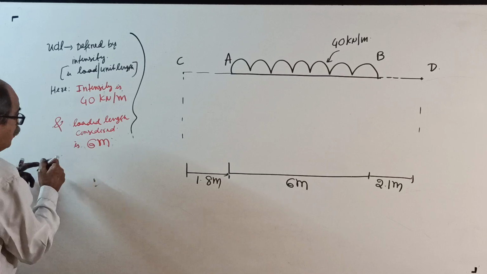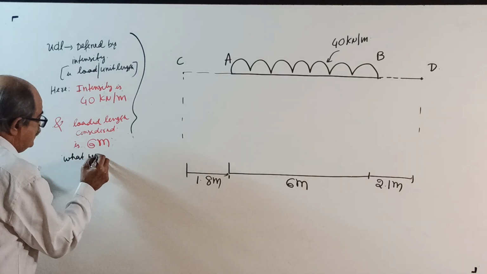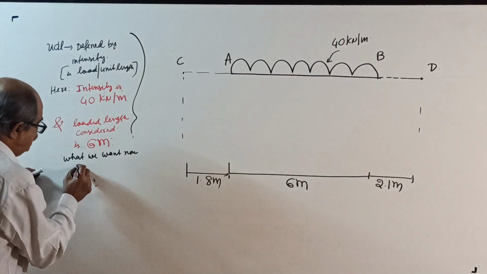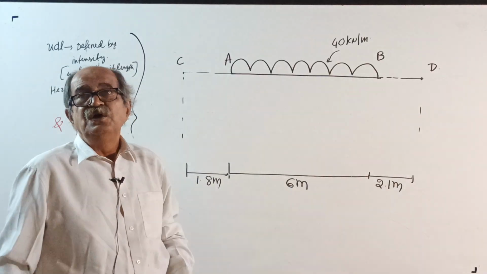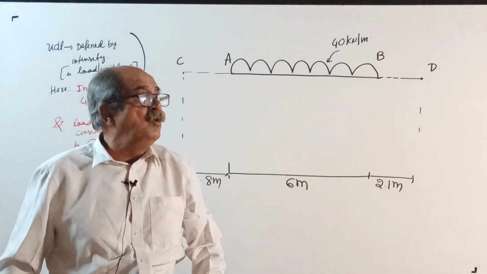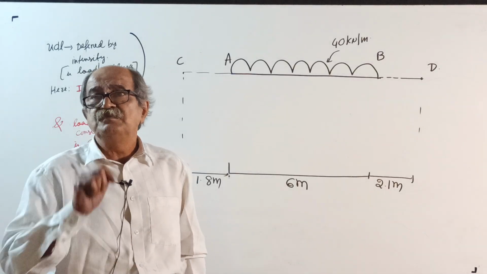Now, what we want, I will tell you. You should write everything. What we want now is, I'll dictate: to decide or to get the magnitude of the total load for the entire loaded length of 6 meter. One.